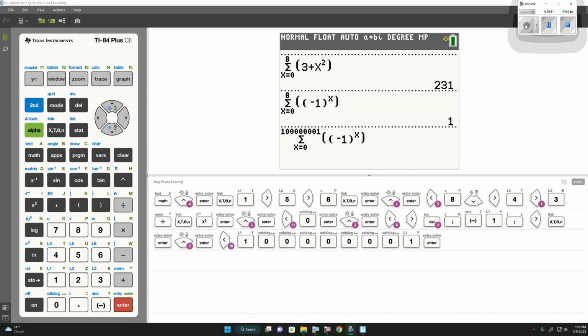And pretty much all of them, or actually all of them, are going to pair up with 1 and -1. And 1 plus -1 is 0. So it should all cancel out and be 0.